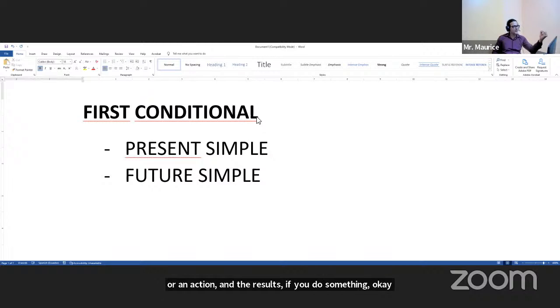If you do something, that action will have a consequence. If you do something good, you will probably get a good result in the future. But if you carry out something wrong, you will probably get bad consequences. So this is first conditional. First conditional is the action and the consequences.